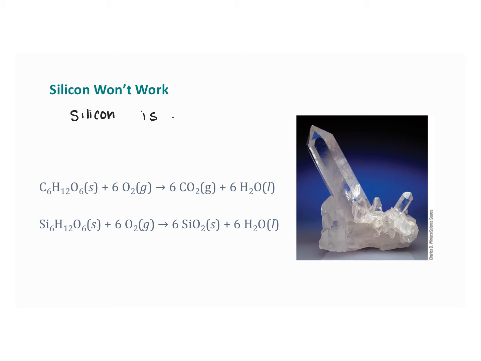Silicon is found just underneath carbon on the periodic table. Elements in the same group of the periodic table, and that's, remember, the columns, tend to have similar properties.